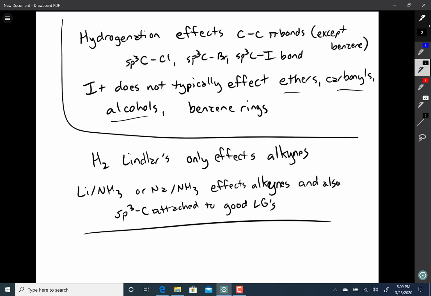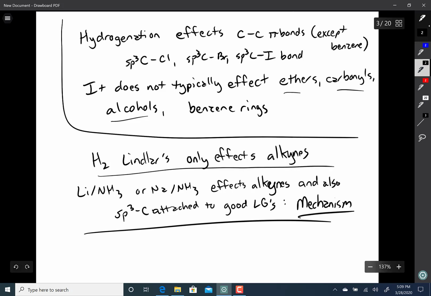To understand this, we'll need to discuss the mechanism of this reaction.